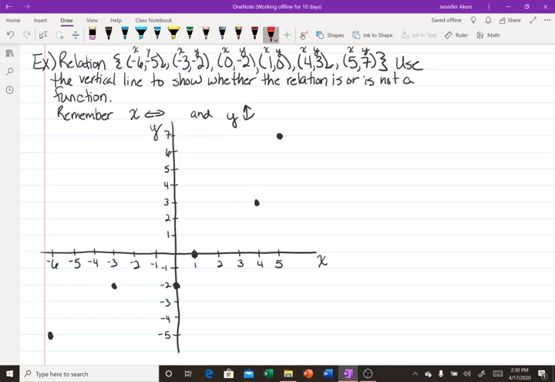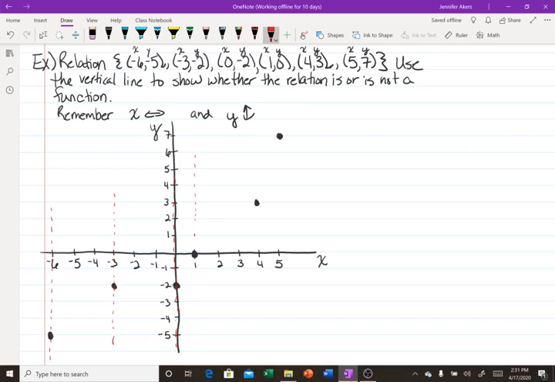Alright, vertical line test. Basically, in between points, I don't have anything, so I'm not going to worry about the in-between points. I'm just going to worry about each individual point. When x is -6, 1 point. X is -3, 1 point. X is 0, 1 point.